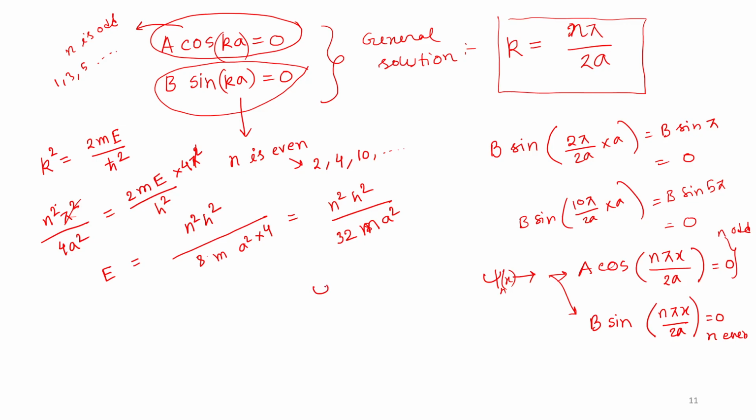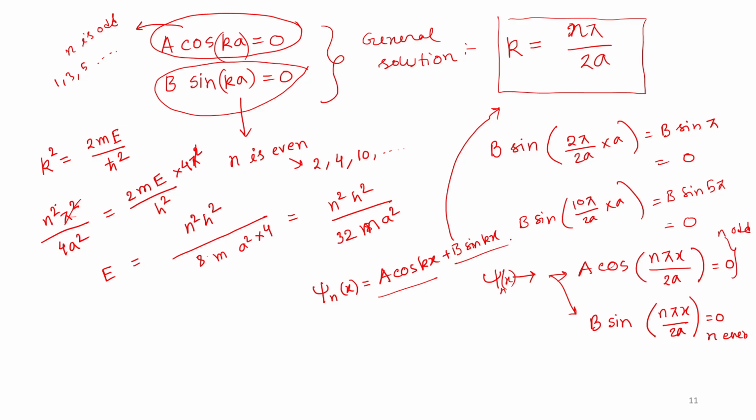Because your general solution was a cos kx plus b sine kx. From there we got that k should be n pi by 2a, okay? And for odd values of n, you are going to get this, and for even values of n, you are going to get this.